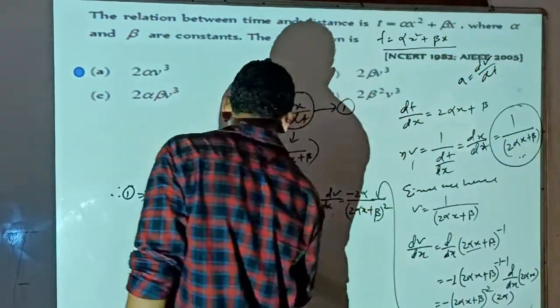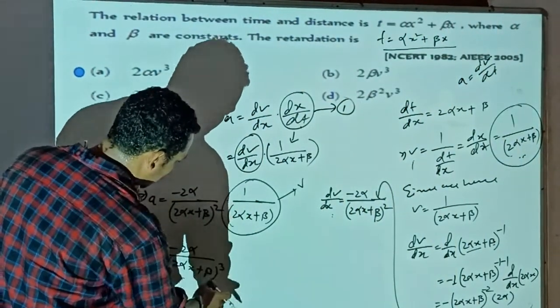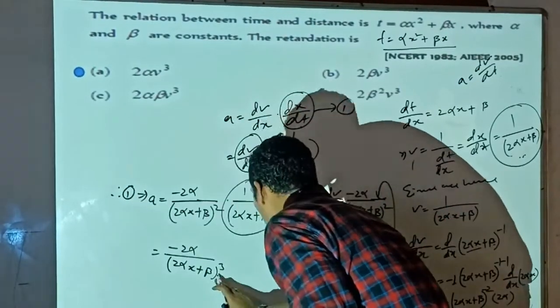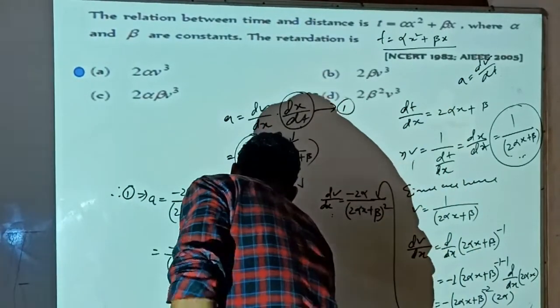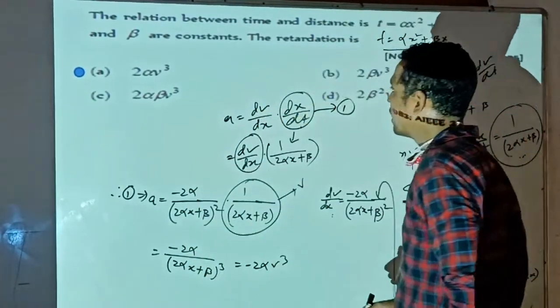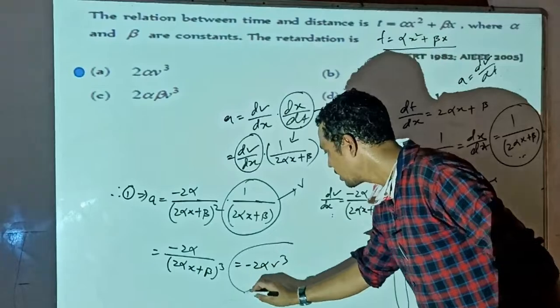Taking the cube, instead of 1 by (2 alpha x plus beta) whole cube you can write v cube. So there will be minus twice alpha v cube. I think this is your correct answer.